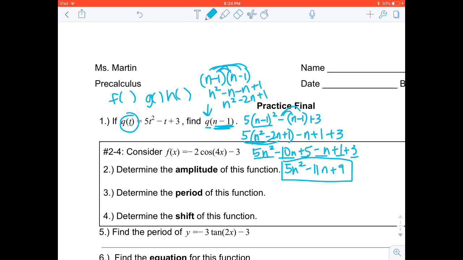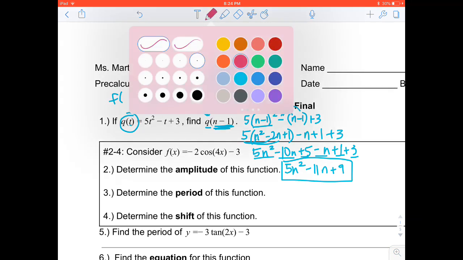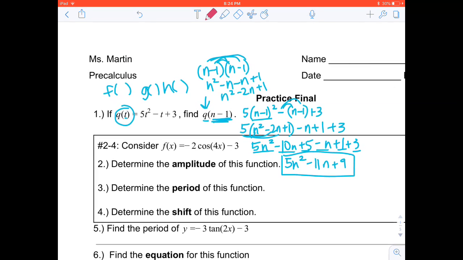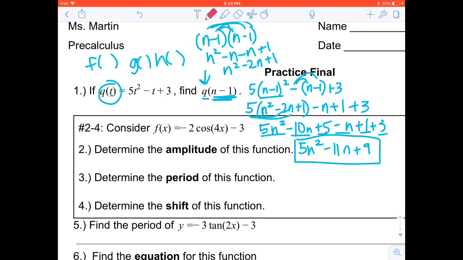We're calling this evaluating it because we're plugging in something to a function, but it's also a combination of functions. So for numbers 2 through 4, we're just finding the different parts of the trig function. So the amplitude is the number, the absolute value of the number right in front. So the absolute value of negative 2 would be positive 2.